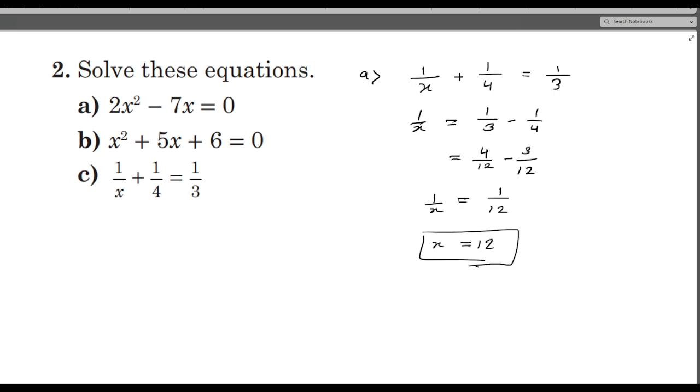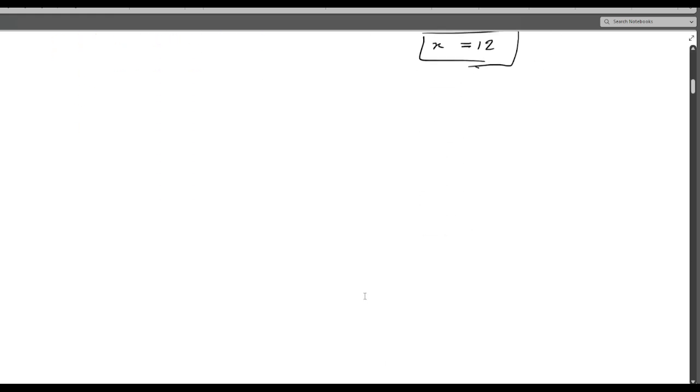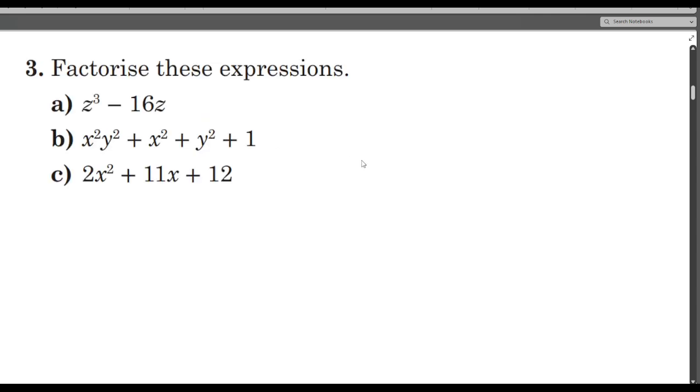Now again we will see a few questions related to factorization, maybe a little more complicated than what we saw in the first question. So here let us start with your question A, which is z cube minus 16z.